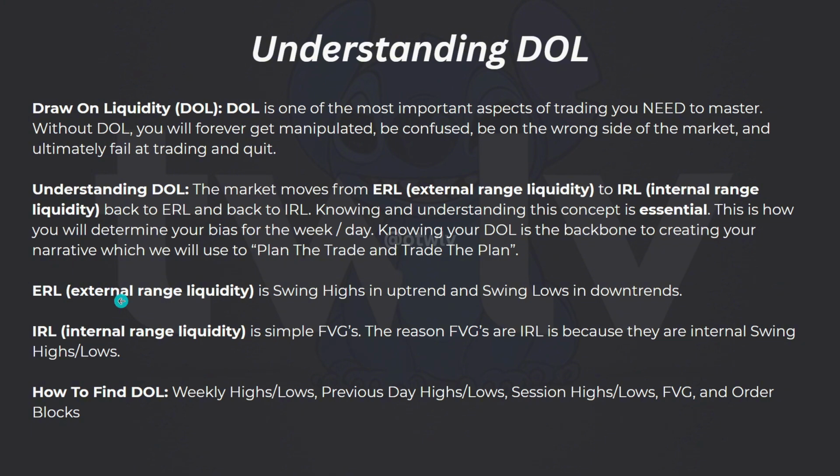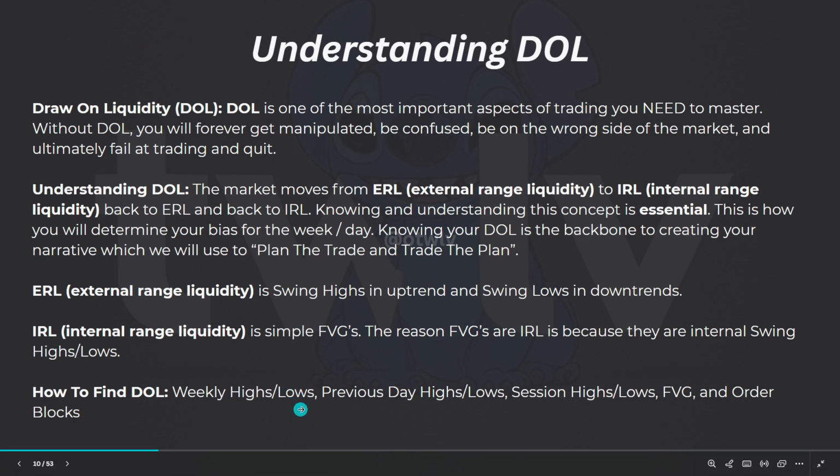And external liquidity is swing highs in an uptrend and swing lows in a downtrend. Internal range liquidity is simply fair value gaps. The reason fair value gaps are internal is because they are internal swing highs and lows on the smaller time frame, right? Which creates the low that we want to go and sweep.